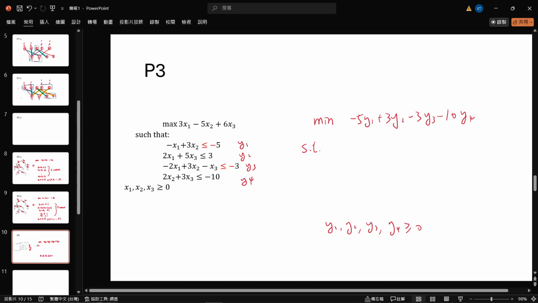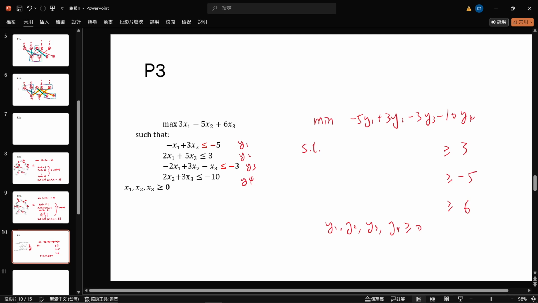So for the constraint, we have to make sure that the weighted combination of the constraints is an upper bound for the objective function for the maximization problem. So to make sure that the coefficient of x1 is at least 3, the coefficient of x2 is at least -5, the coefficient for x3 is at least 6.